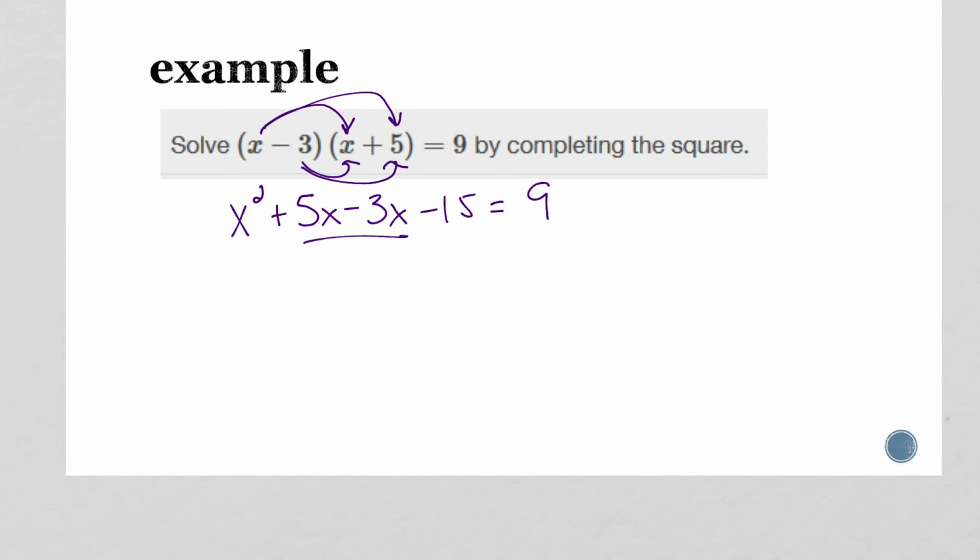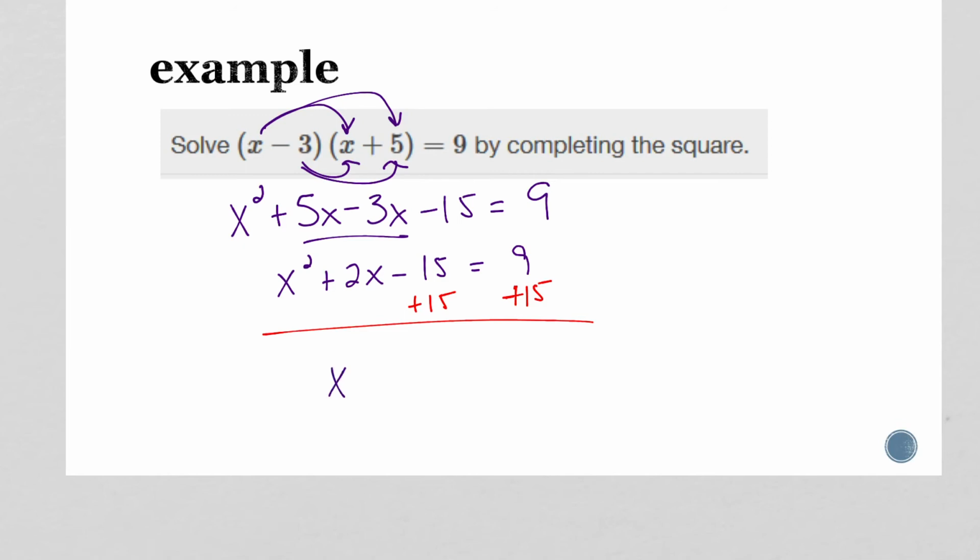Combine your like terms. And then in order to use completing the square, I would add 15 to both sides. And that's just to get to the place where we can do completing the square.